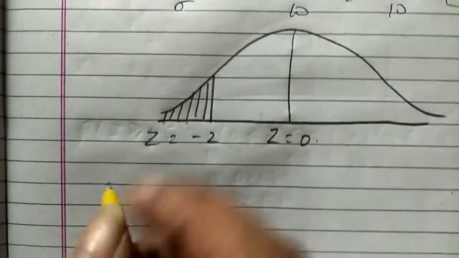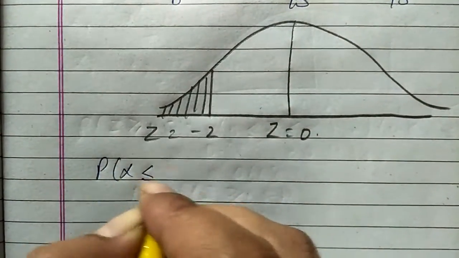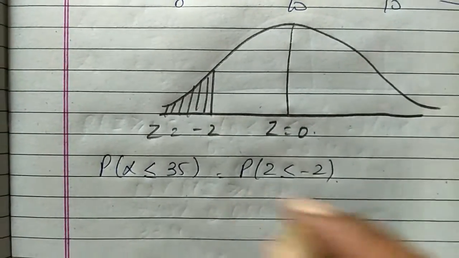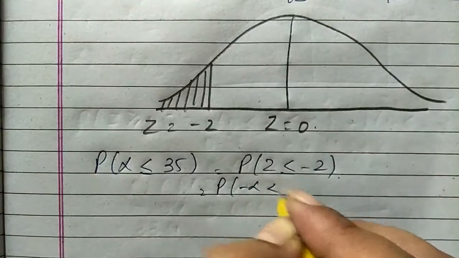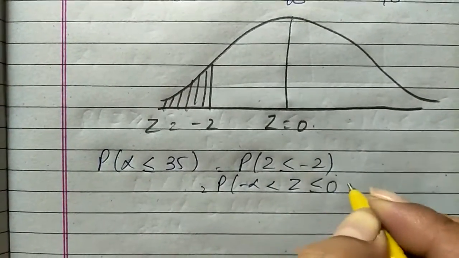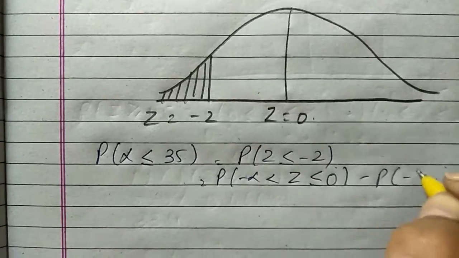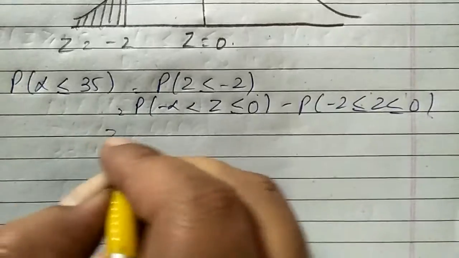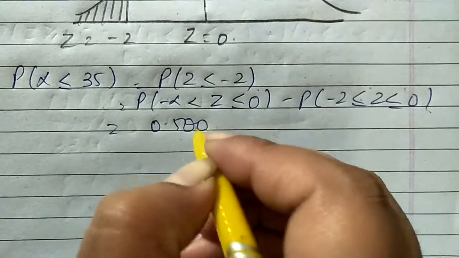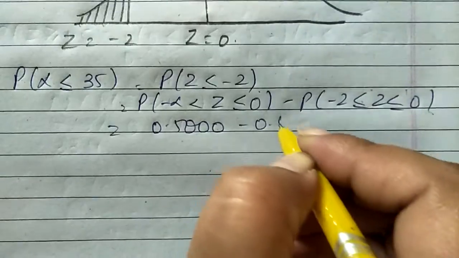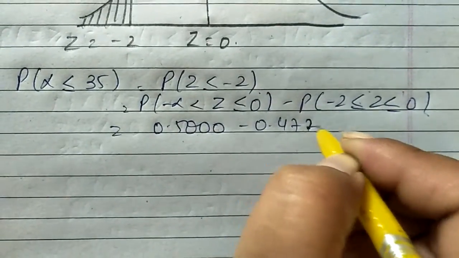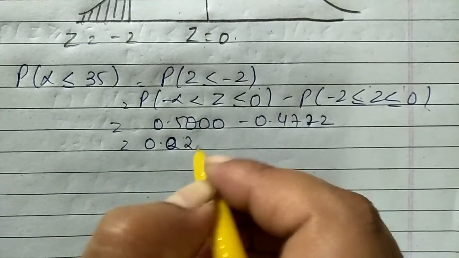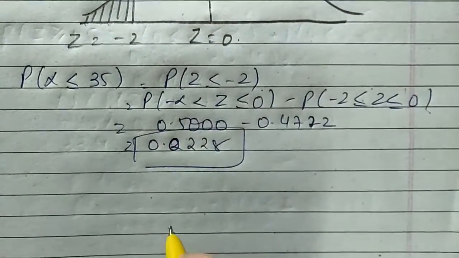Now let us find the value. P(x ≤ 35) is equal to P(z ≤ minus 2), that is P(0 ≤ z ≤ infinity) minus P(minus 2 ≤ z ≤ 0). Okay, so let us place the value here: 0.5000 minus 0.4772, that is 0.0228 is the value.